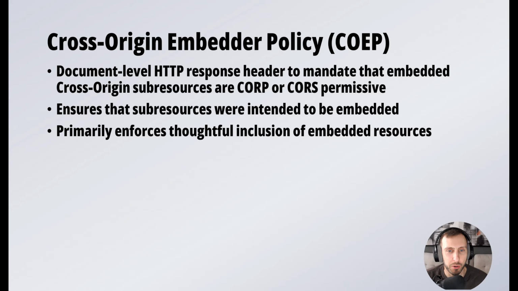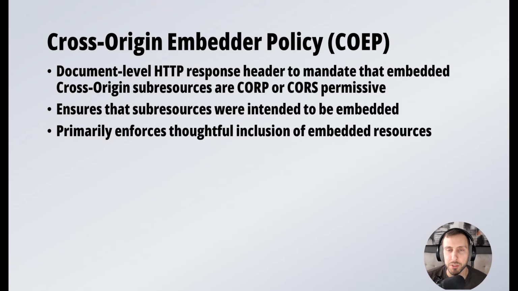Since we're talking about these modern security mechanisms via HTTP response headers, it's also worth talking about cross-origin embedder policy, though it's a little bit different and has much more limited security benefits. So COEP, if you will, is a document-level HTTP response header that mandates that embedded cross-origin sub-resources are CORP or CORS permissive.